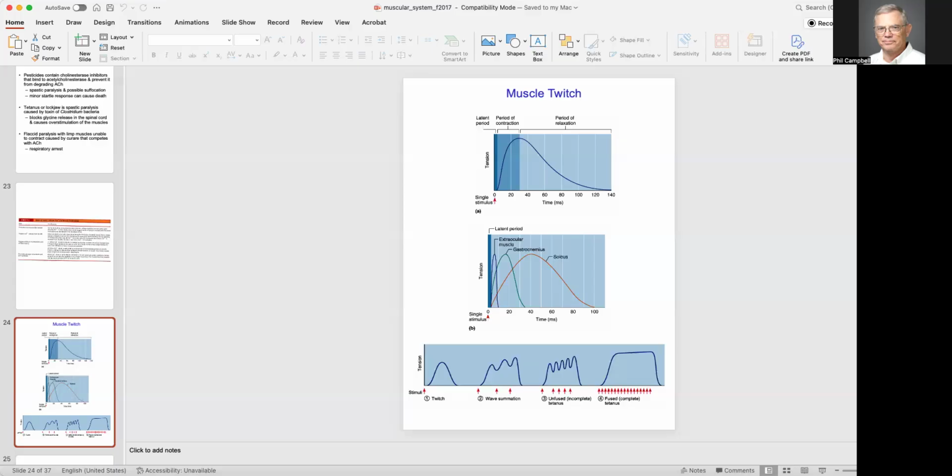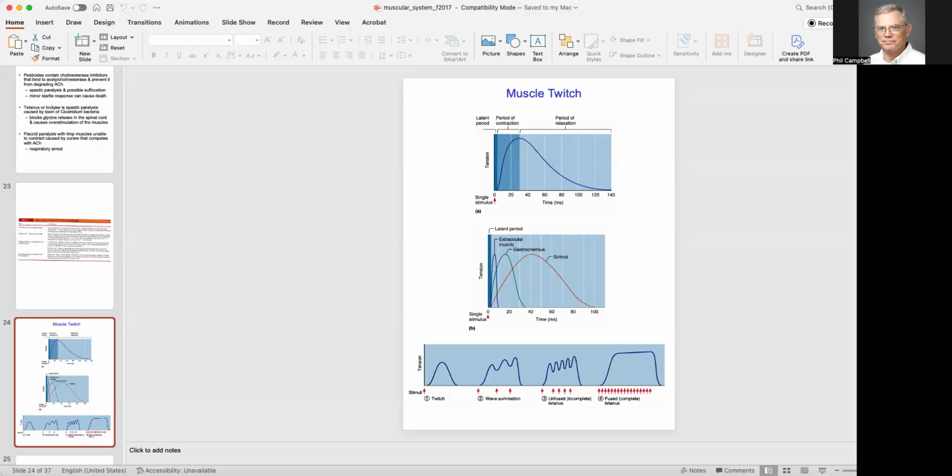So if I continue to increase the frequency, what that translates to is I am flooding those synapses with neurotransmitters, and it overcomes the degradation capacity of the enzymes that are in there, so they keep signaling. And that means calcium stays in the cytoplasm. It stays bound to the binding sites of the troponin.